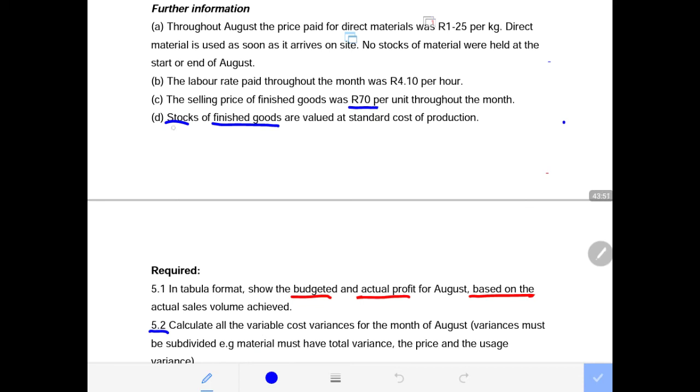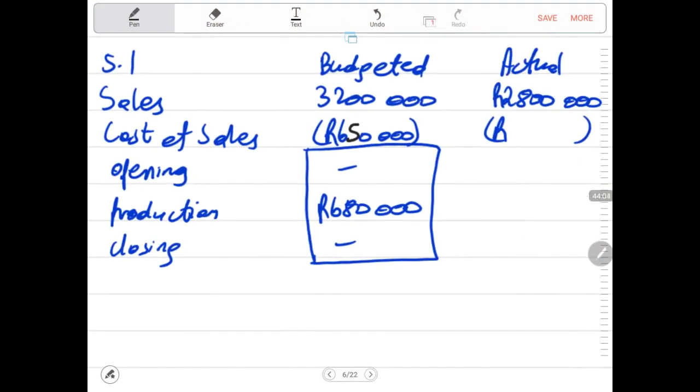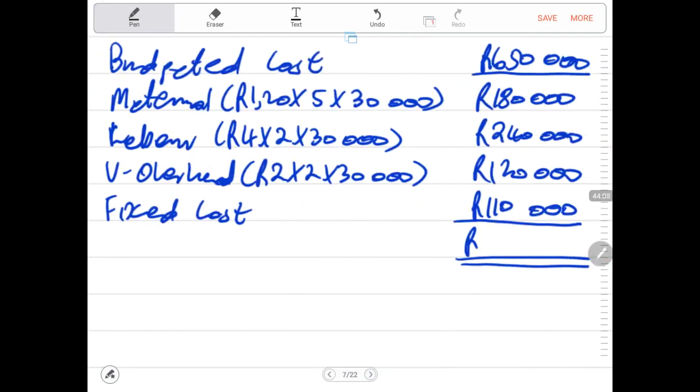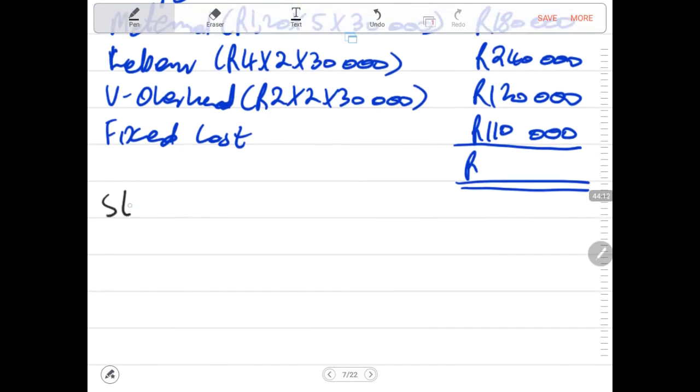It said, stock of finished goods are valued at standard cost of production. So now we need to calculate our standard cost per unit, because we have our standard cost in total, but we need it per unit.